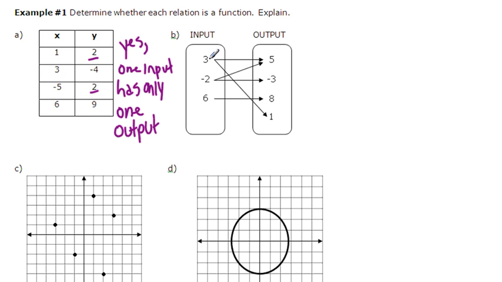So the input here, the input is 3. It has two different answers. It has an answer of 5 and an answer of 1. -2 has also two answers. It has an answer of 5 and -3. And then 6 has one output. Well, this would mean it's not a function because 3 and -2 have two different outputs.